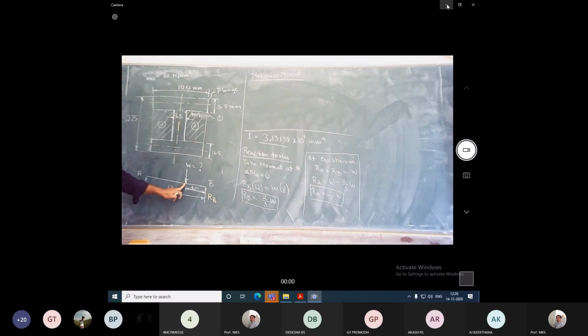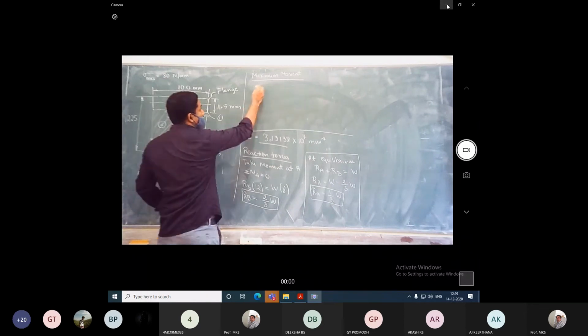So to calculate this maximum moment, consider the support which is at maximum distance. If you take the moment with respect to the maximum distance, you will get the maximum moment.